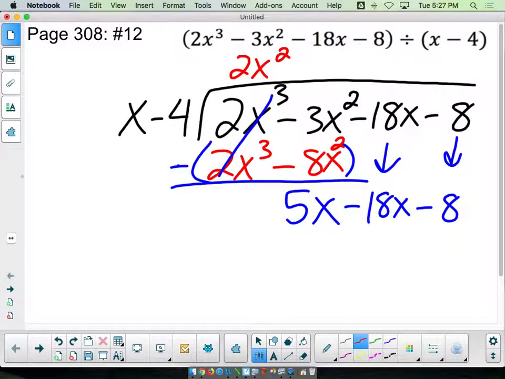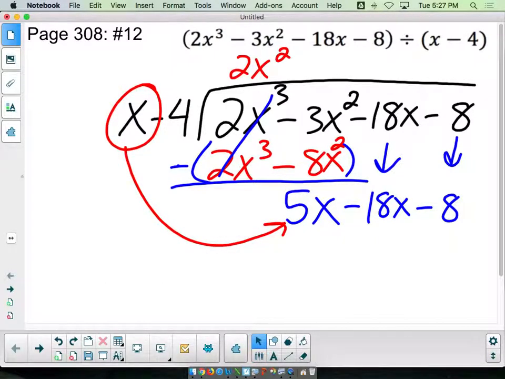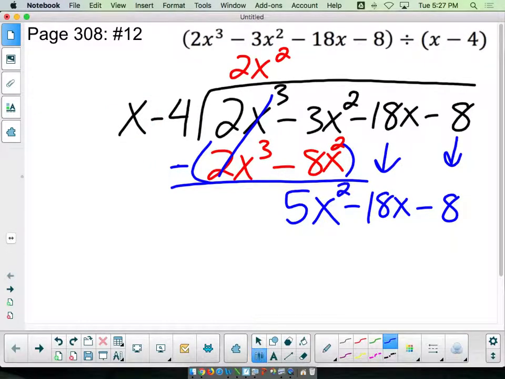So now, again, I want to take this and turn it into that. My goodness, I'm messing this up. This should be squared. Okay? So I want to turn just regular x into 5x squared, and in order to do that, I need to multiply by plus 5x.